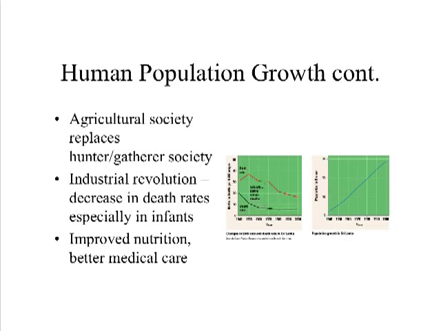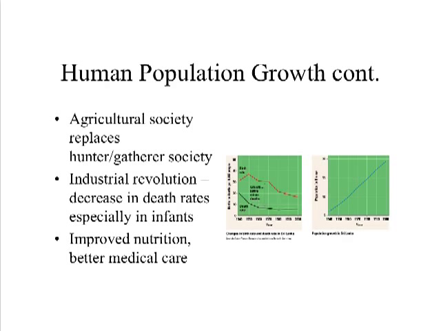Now, there are some natural reasons for that. We don't have any natural predators in our environment. The agricultural society that we have established has replaced the hunter-gatherer society. So we've been able to grow and process food for the masses. We don't have to rely on hunting our food every day.